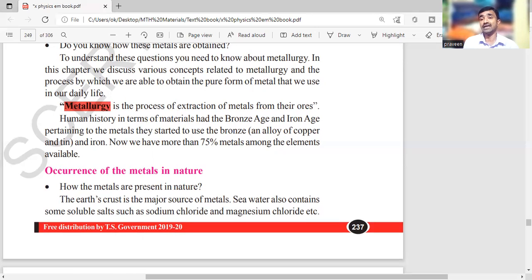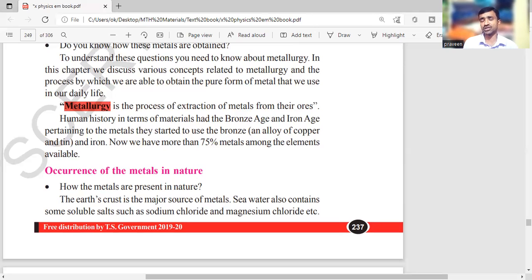It is a process of extraction of metals from a substance that consists of a higher percentage of minerals. That is called ore. So how you separate the metal from its ore is called metallurgy, right? Metallurgy is the process of extraction of metals from their ores.